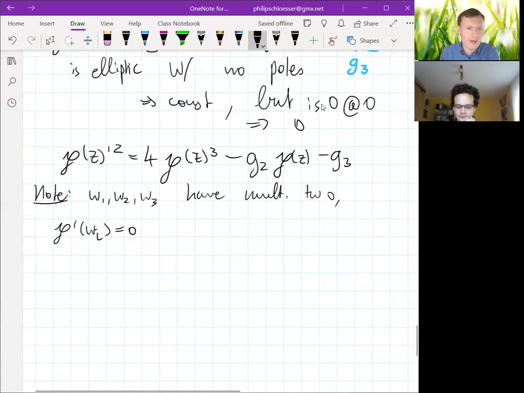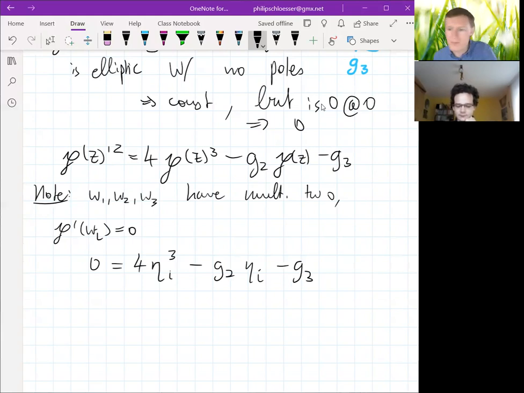Well, if we look at our equation above, we have 0 is equal to 4 times eta I cubed minus G2 times eta I minus G3.